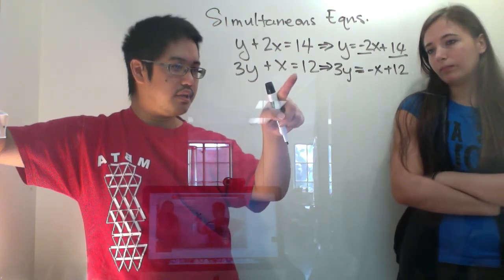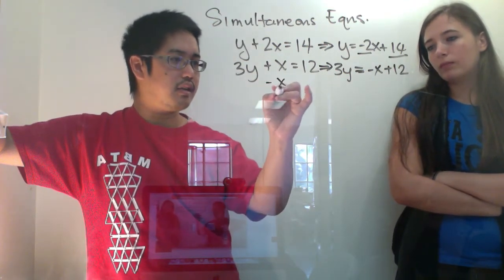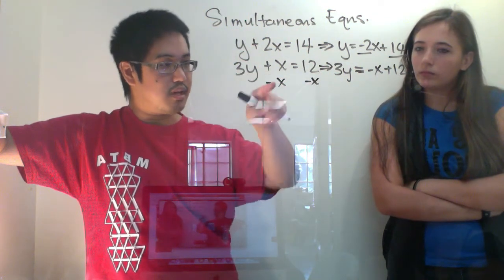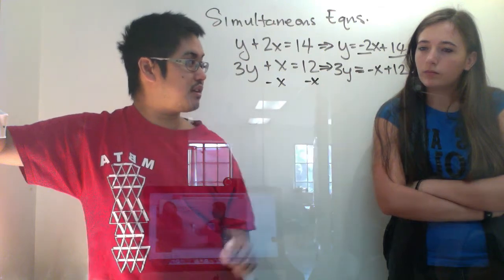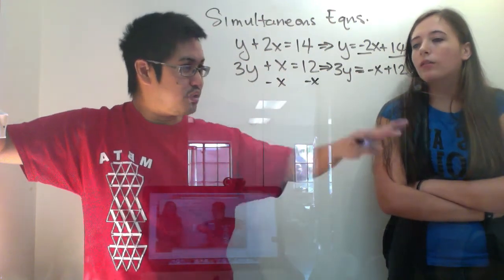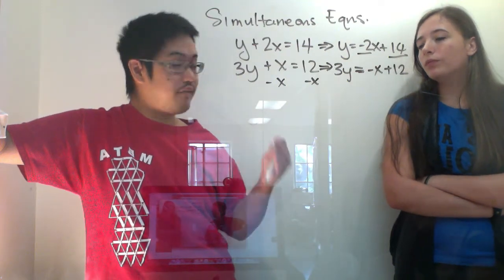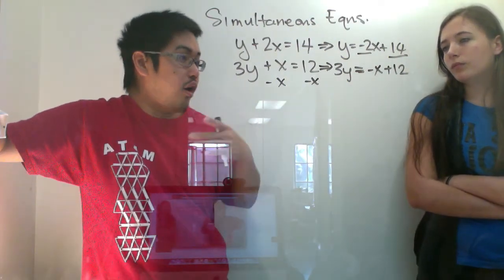I kept the equal sign here. What I did was I took the x over to the other side. He's plus over here, so I subtract him from both sides. That's where I get the negative x. Basically I'm pushing that x over to the other side, because I want to get y all by itself. If I'm getting y equals mx plus b, I need y all by itself.